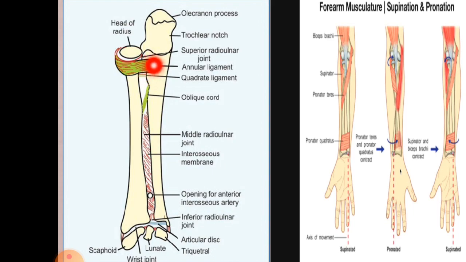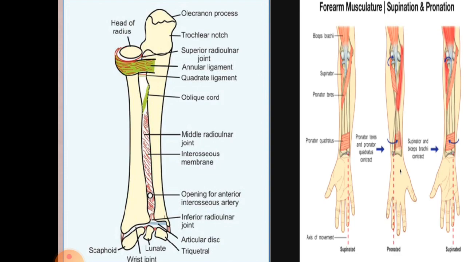There is a radial notch that will accommodate the head of the radius, and the strength to the proximal radioulnar joint is provided by the annular ligament and also by the quadrate ligament.